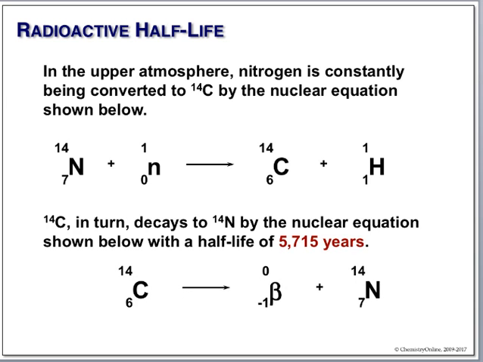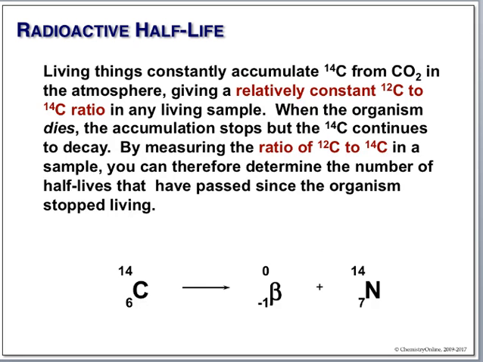Until you die. Now, carbon-14 breaks down again to form nitrogen, emits a beta particle. Half-life, 5,700 years. Now, as long as you're alive, you're breathing and eating a fixed ratio of carbon-14 to carbon-12, right?